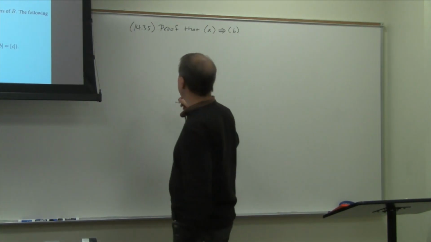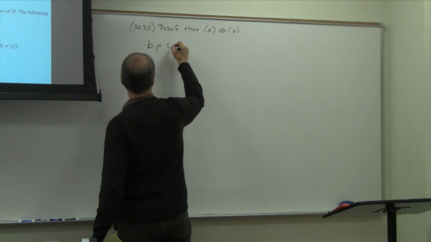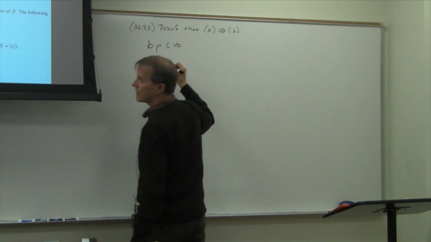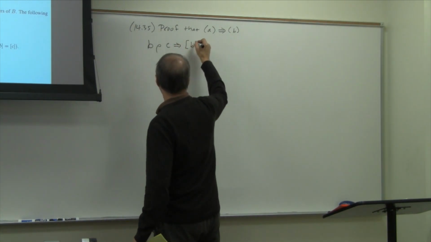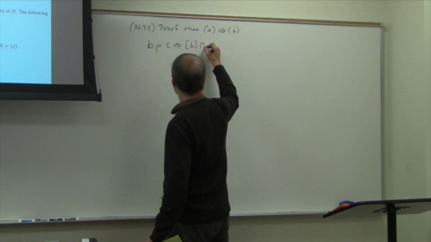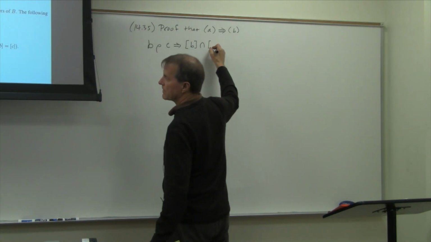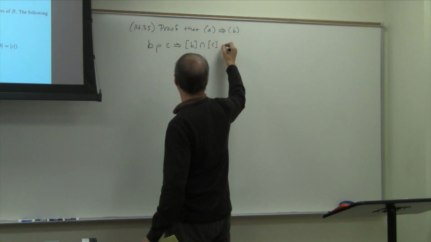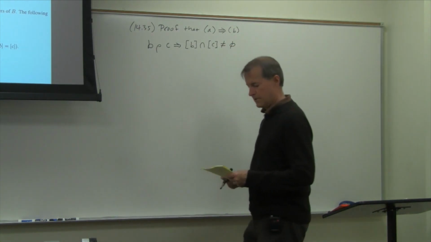B row C implies what? Equivalence class B intersection equivalence class C does not equal the empty set. All right?